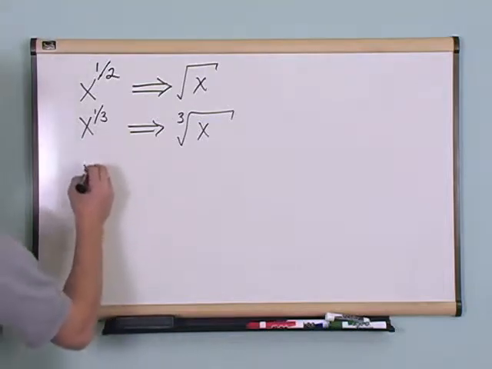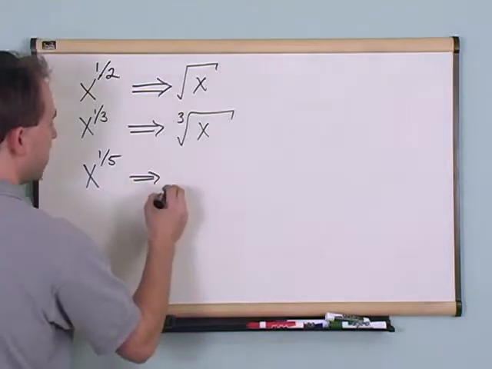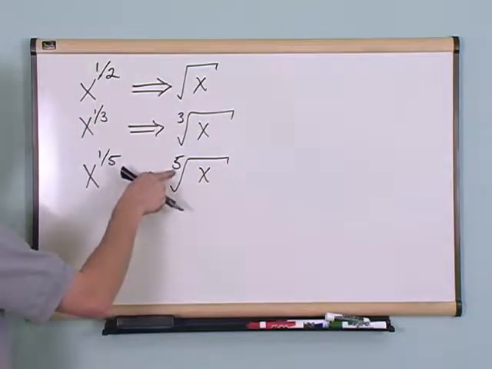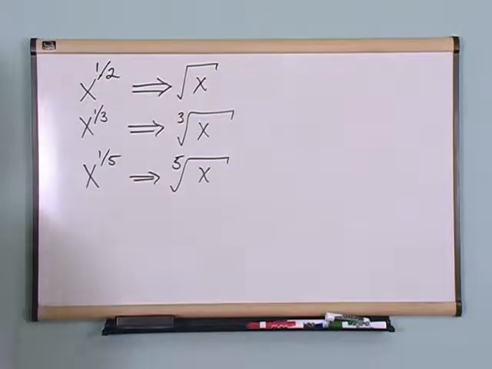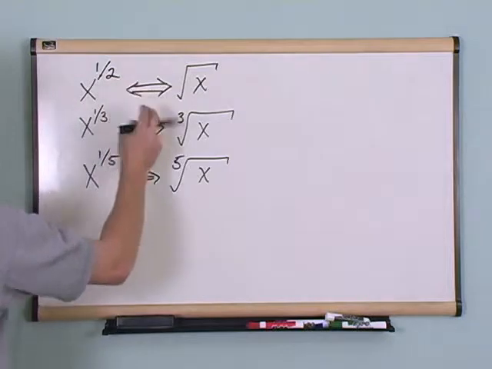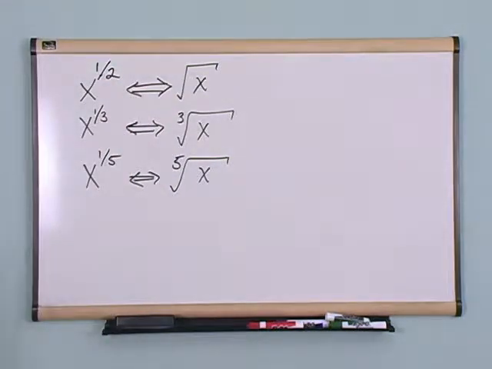And you can see the pattern here. If I've got x to the 1/5, let's say, that is the 5th root of x. Remember, this number up here represents the order of the root we're talking about? This is exactly the same thing. In fact, it's really double arrows. Anytime I have this, I mean this. Anytime I write this, I mean this. And that is going to get you a long, long way.